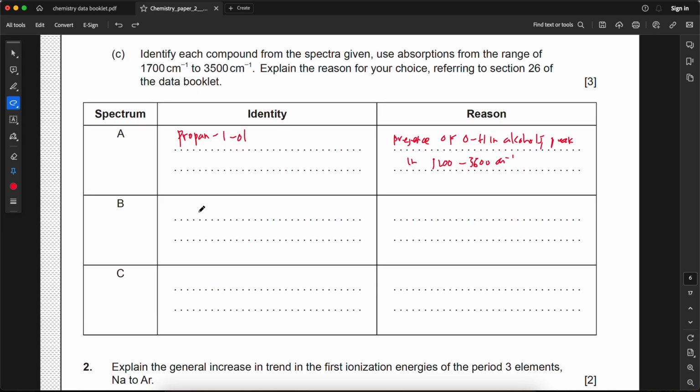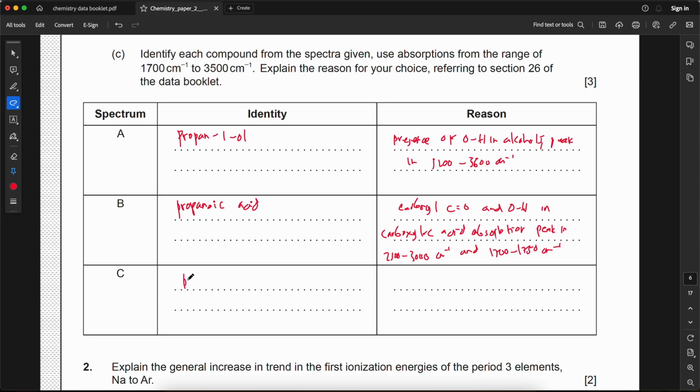And the second one is propanoic acid. There is carbonyl, C double bond O, and OH in carboxylic acid absorption, peak in 2500 to 3000 and 1700 to 1750.